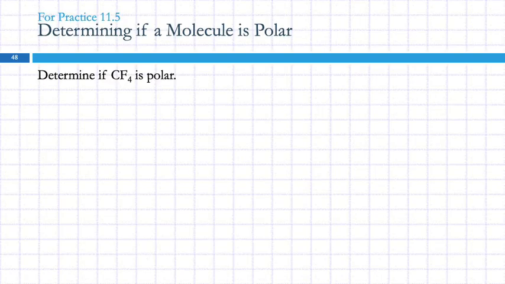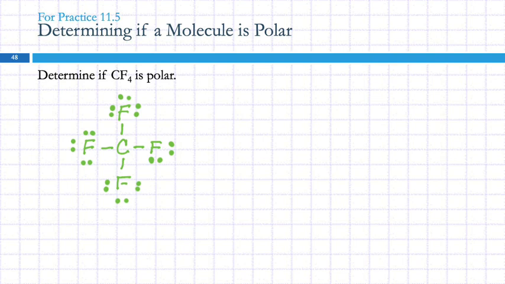So let's do an example or 2 here. Determine if CF4 is polar. Well, we still need to start with the Lewis structure. We've got 4 fluorines, and if we add up all the electrons, we end up with something that looks like this. What we're interested in is the central atom.